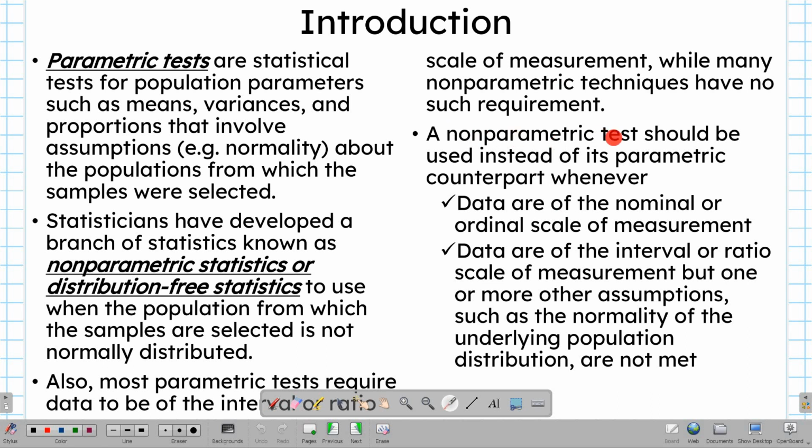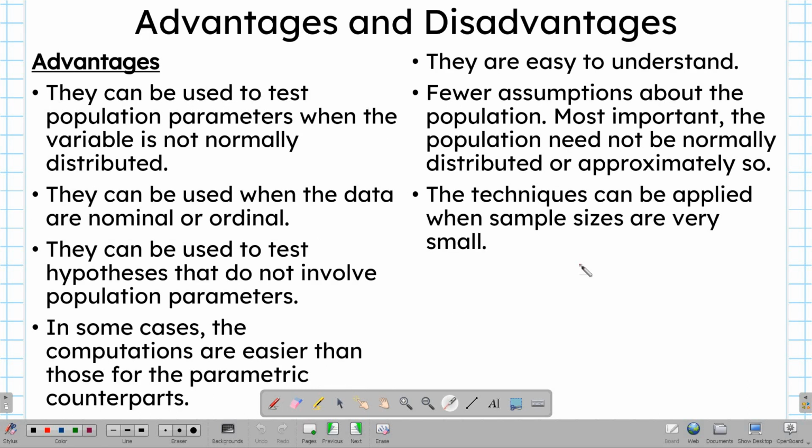So, a non-parametric test should be used instead of its parametric counterpart whenever data are of nominal or ordinal scale, or if data are interval but one or more assumptions such as random sampling or normality are not met. We have those different kinds of tests that are counterparts of the parametric methods we had before.